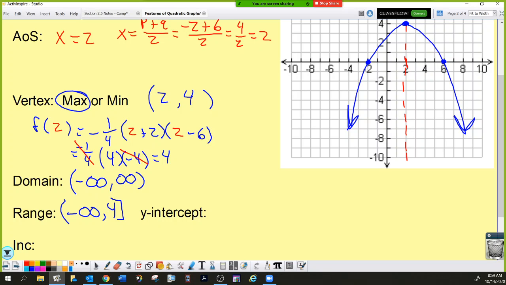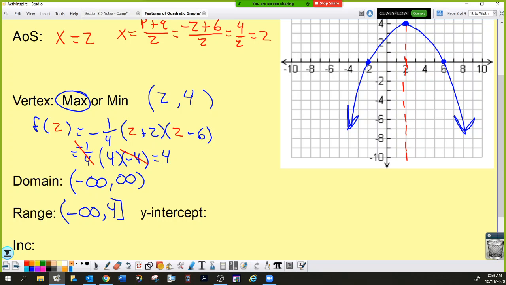The y-intercept. Okay, well, when you have the graph, normally you could just look. But man, you know what? I drew a crappy graph, didn't I? It's not very good. I'm not allowed to just guess at this y-intercept. I need to be able to calculate this y-intercept somehow. Well, guess what? When you're on the y-axis, you know what x equals. When you're on the y-axis, what does x equal? Lots of people could say it. 0.